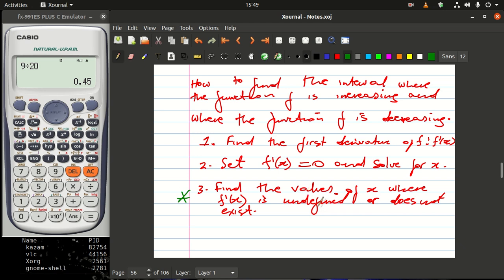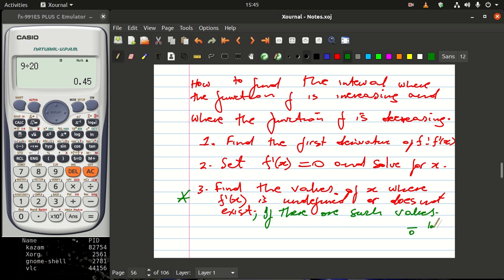The first derivative is actually undefined. That is what we mean by this. Most of the cases, I usually say that if there are such values, you want to look for those values that will either give you a number over 0, or maybe something like negative infinity.